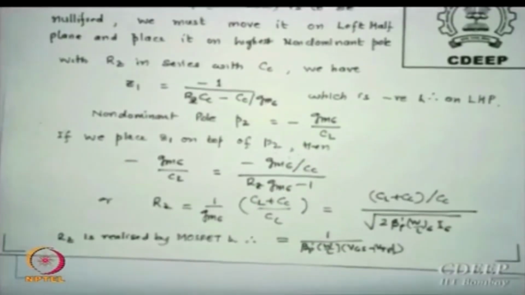Once you nullify the non-dominant pole, the only pole with you is P1, and that P3 is still away, so you are not caring. So only one single pole you have, and you can then think of what CC I should use, so that it should not be too close to the zero axis. Okay, that is the trick. So RZ allows you to do that. Is that clear to you?